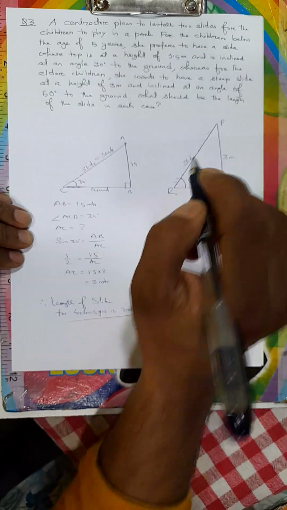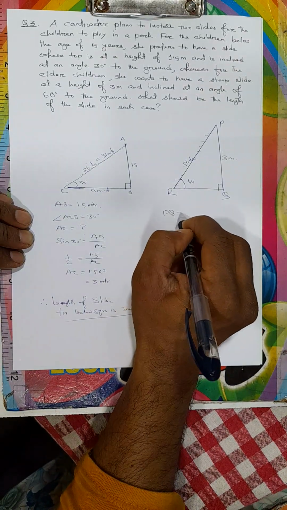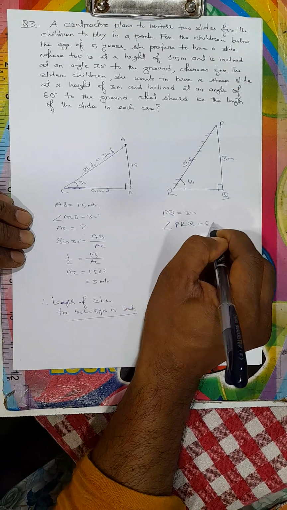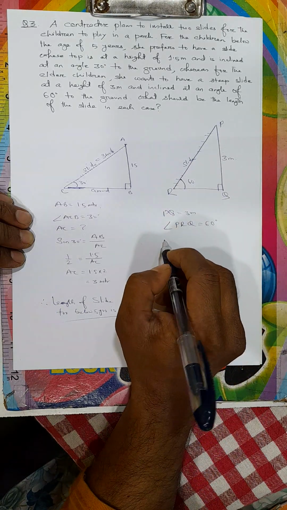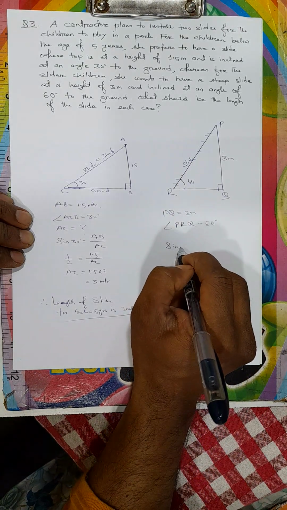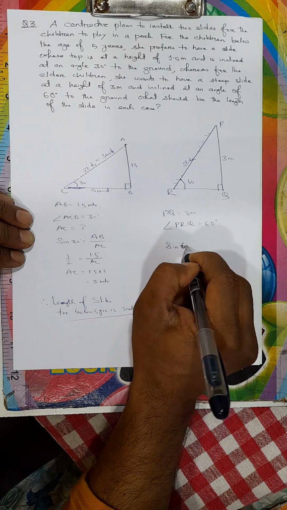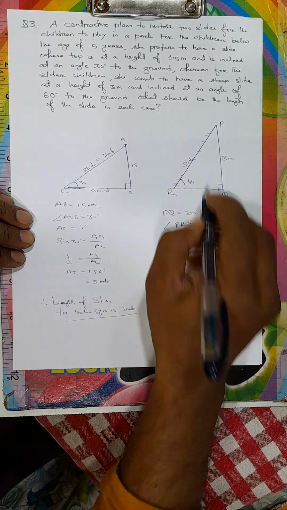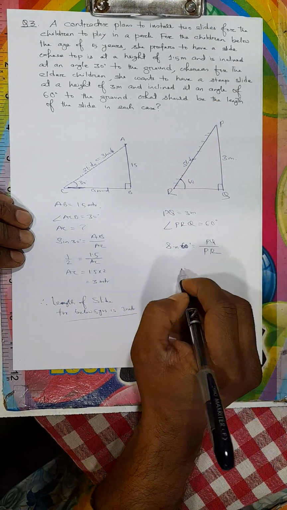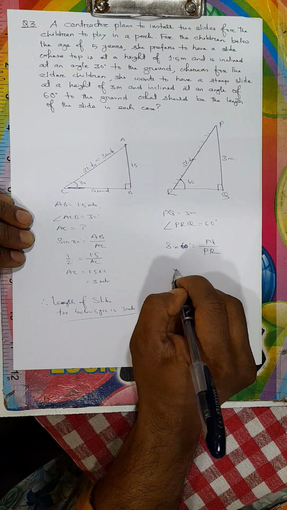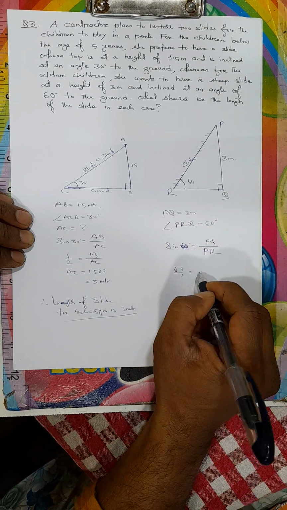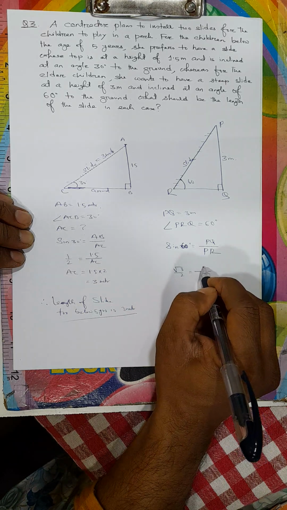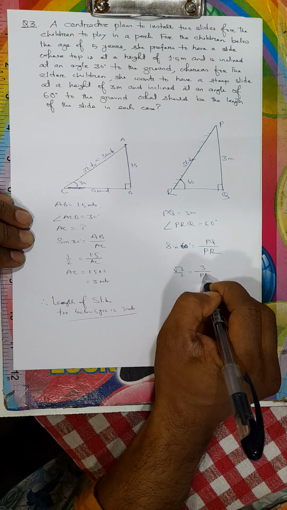Now we have to find this slide here. Here given PQ equals 3 meter, angle PRQ equals 60 degree. So what is PR now? Remember, sine 60 degree equals opposite PQ by hypotenuse PR. Sine 60 degree means root 3 by 2. So it is 3 by PR.